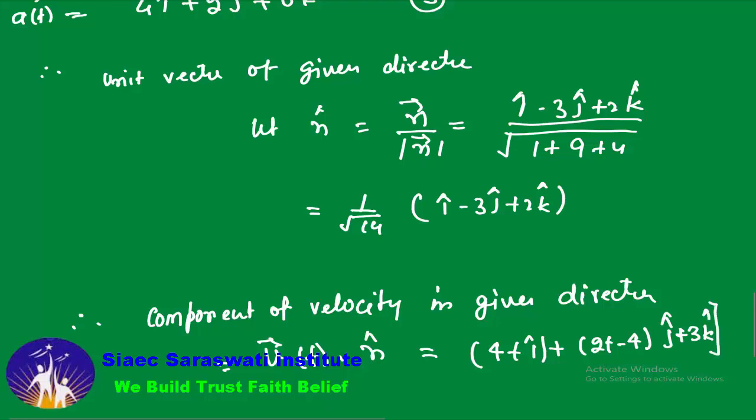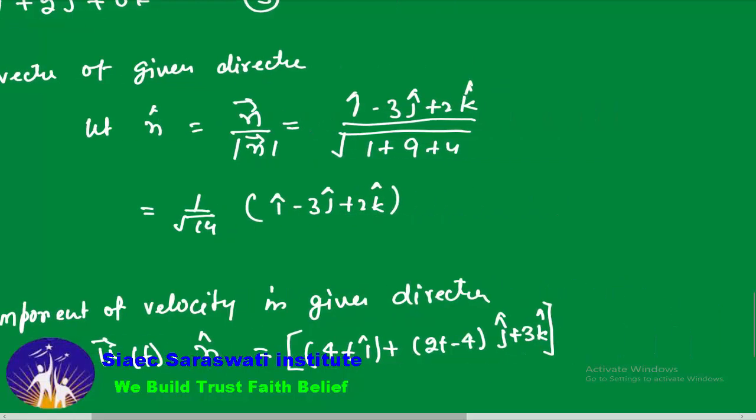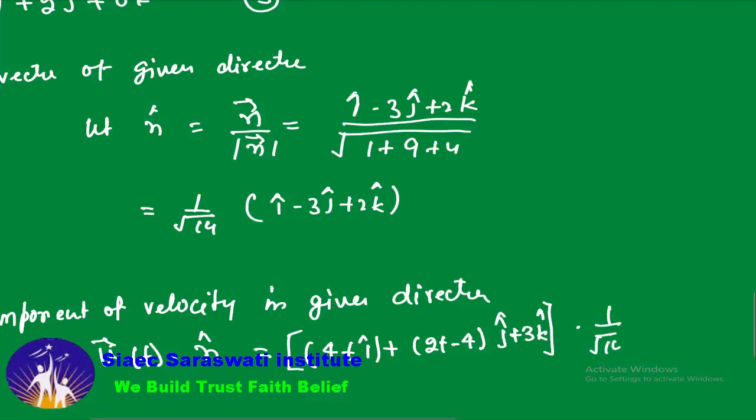Now this vector will have a dot product with 1 upon root 14 times (i minus 3j plus 2k).